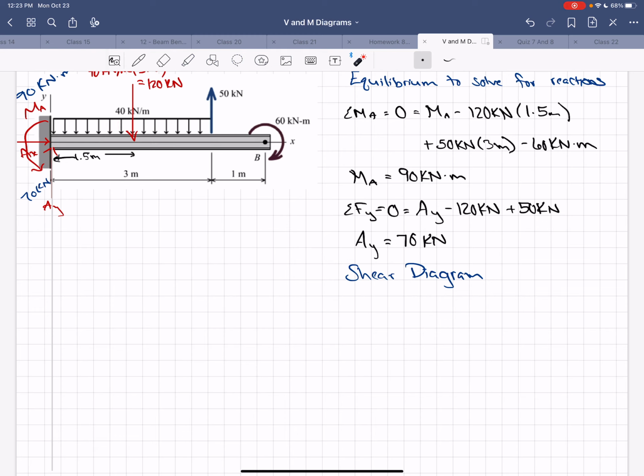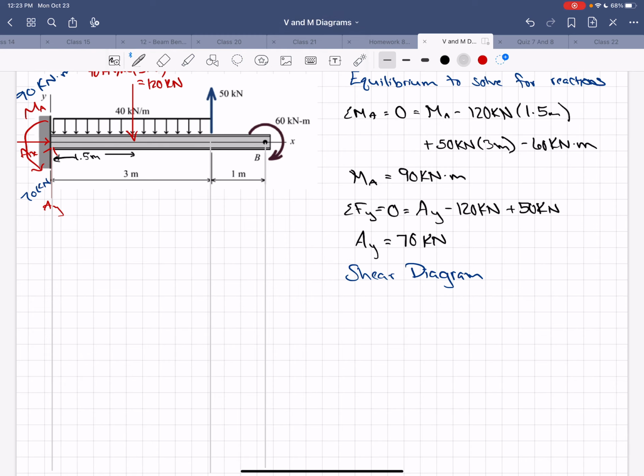It's an imaginary point that we use to calculate the reaction, so it doesn't really exist. What really exists is that distributed load. So the next important point is where the distributed load ends and that point load is applied. And the last important point is the end of the beam where the applied moment is.